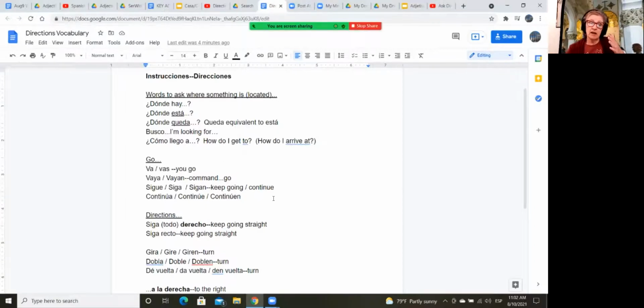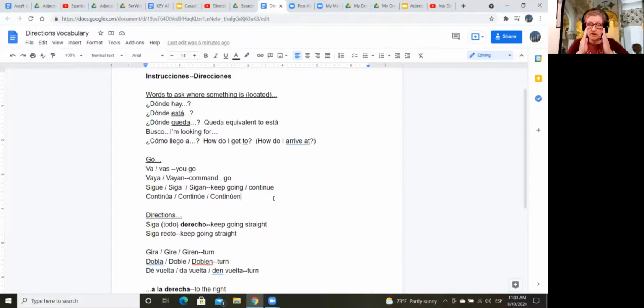They might, instead of siga, use continúa, the friendly form, or continúe, the formal form, or the plural form, continúen. So all those words you see under the go underlined category might be used to say go, keep going, continue on. Somebody's telling you this direction.